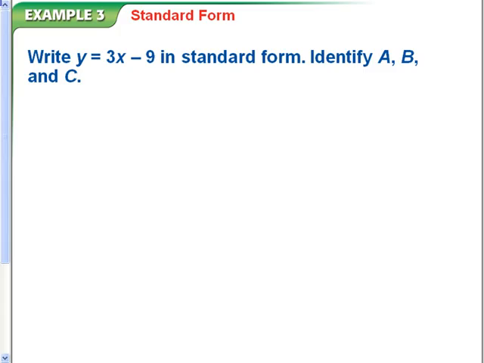Okay, now a little practice of writing in standard form. Again, standard form is ax plus by equals c. And then there's a couple of qualifications that we need to do with that. So we need to rearrange our equation until it looks like that. So we'll write it out as y equals 3x minus 9. And now our 3x term is on the wrong side.